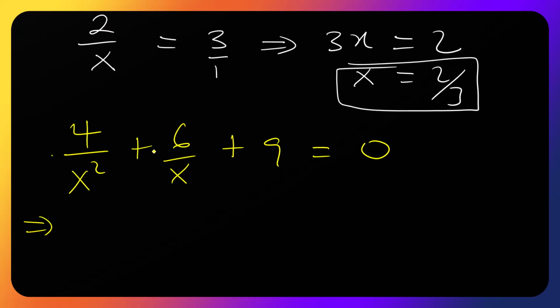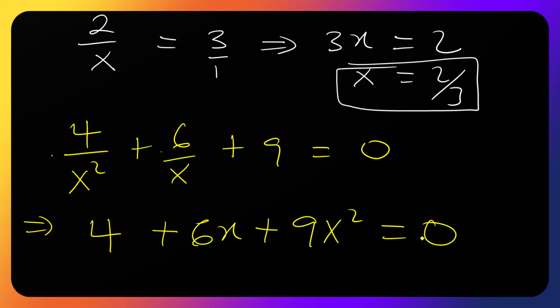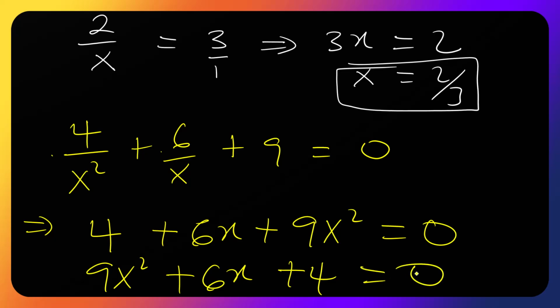So times x squared, that will be 4 plus 6x plus 9x squared equals to x squared times 0. And the same as 9x squared plus 6x plus 4 equal to 0.